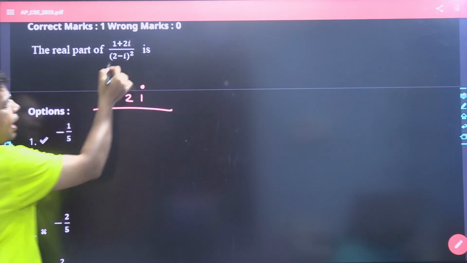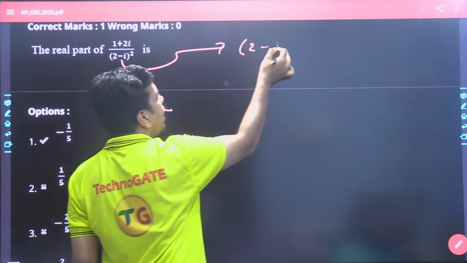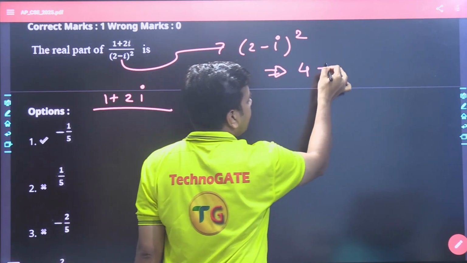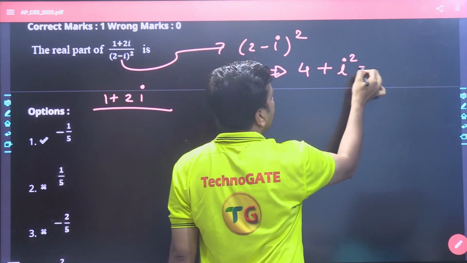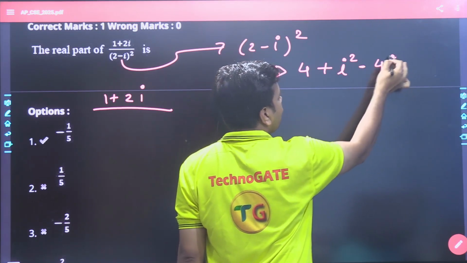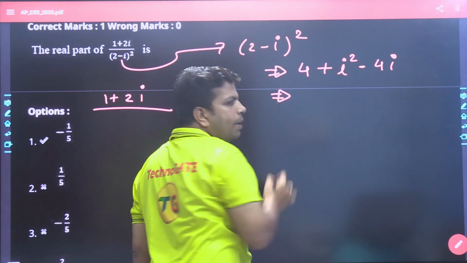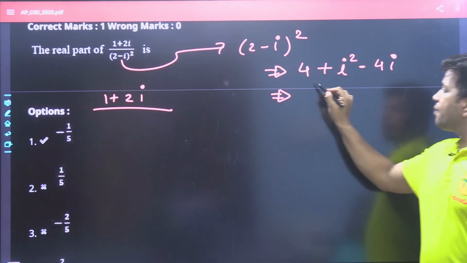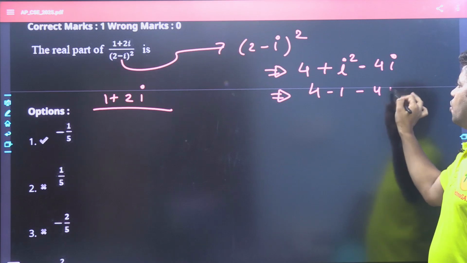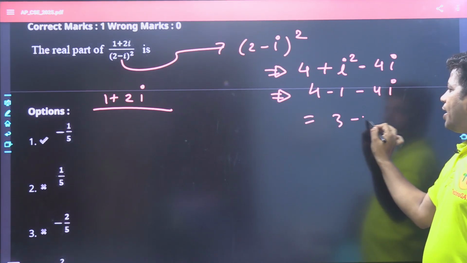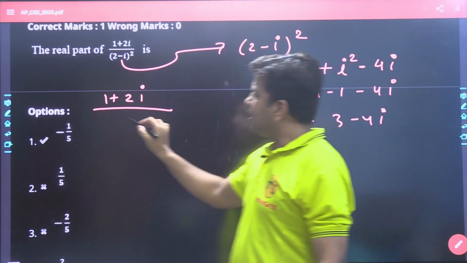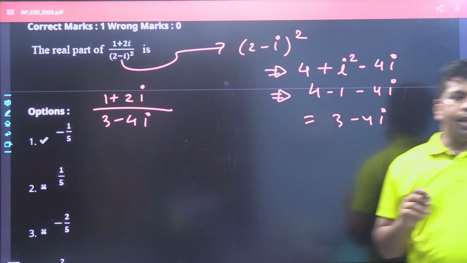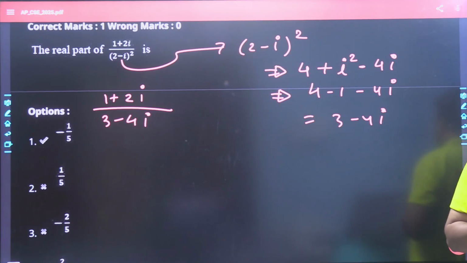When we expand 2 minus i whole square, just apply the formula a square plus b square minus 2ab, so it is 4 plus i square minus 4i. Can we say that the value of i square is minus 1? So 4 minus 1 minus 4i, this becomes 3 minus 4i.